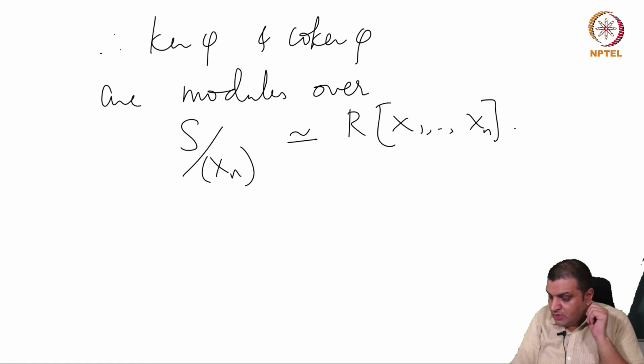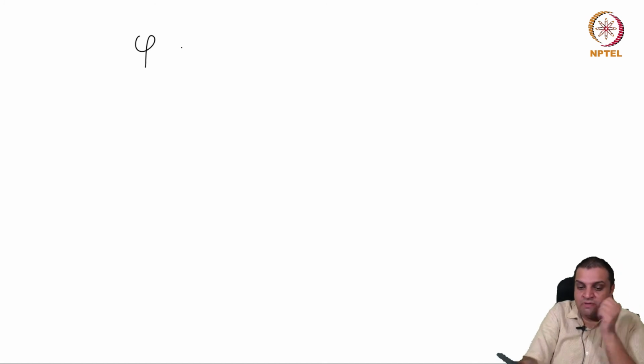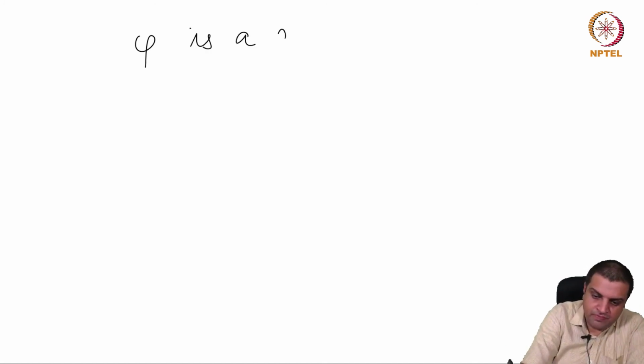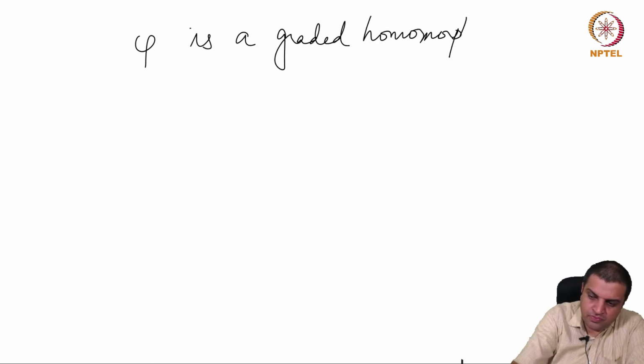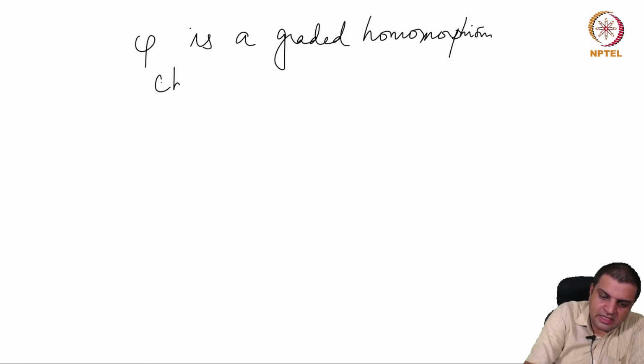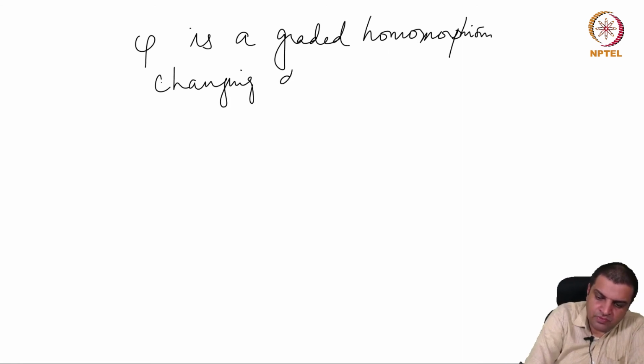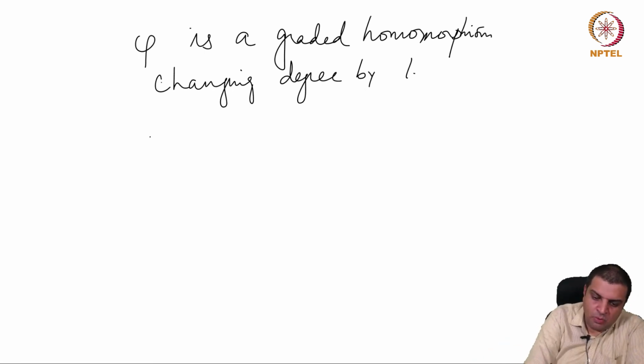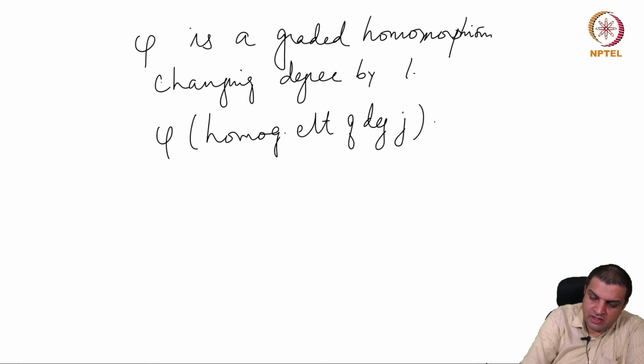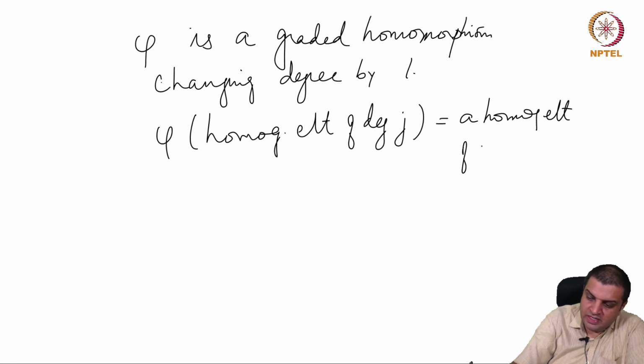Now, phi is a graded homomorphism, changing degree by 1. That is, phi of a homogeneous element of degree j is a homogeneous element of degree j plus 1.